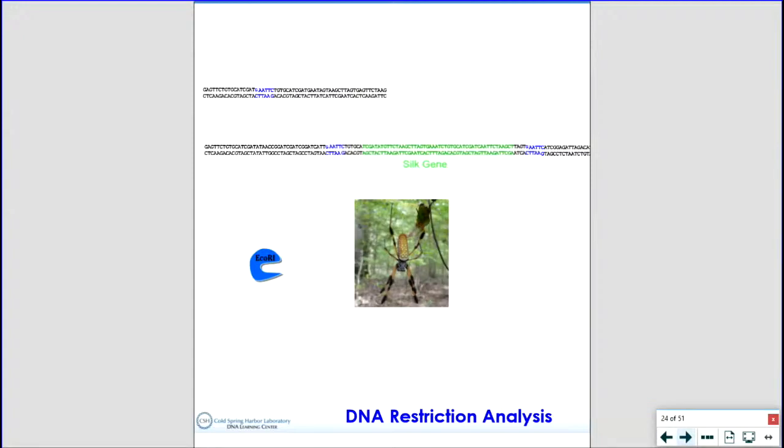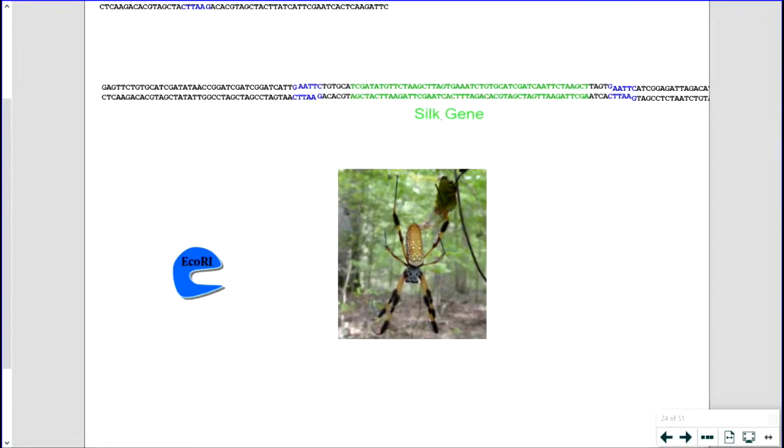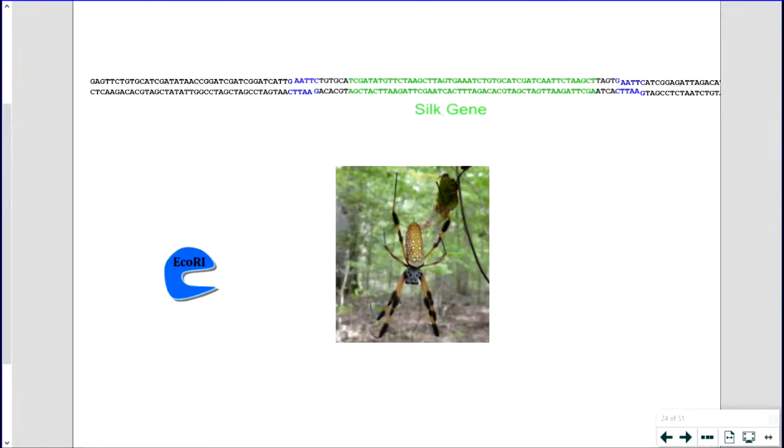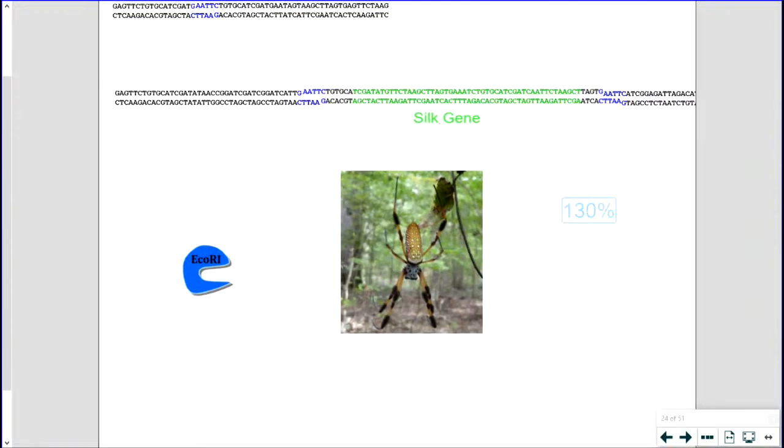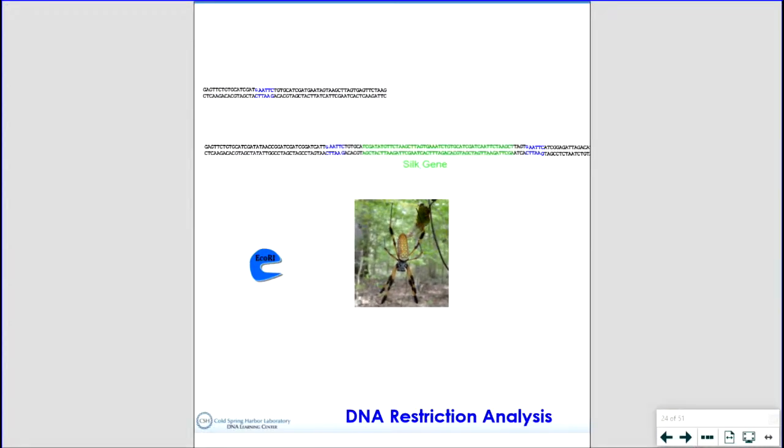Okay, so how does that play into the genetic engineering component that we were talking about earlier? Back to that spider. So here's that golden orb weaver, an up-close image of it up here on the board. If we wanted to get at one of the silk genes present in that spider, we would identify that silk gene through its sequence.